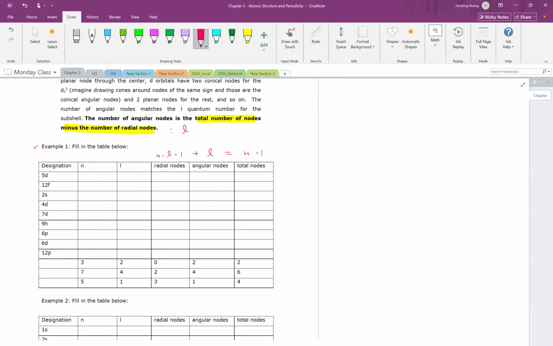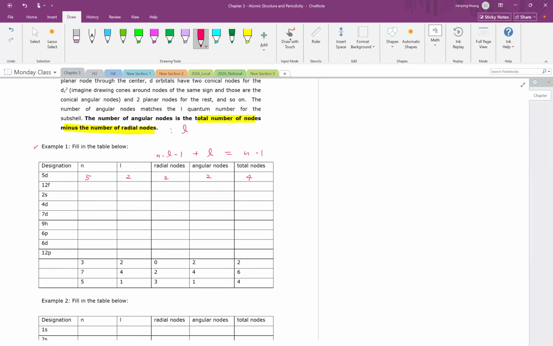That's the way to calculate. So basically, let's do this one. 5d, L equal 2, n minus 2 minus 1. 5 minus 2 minus 1, 2. L equal 2. The total nodes is 4.